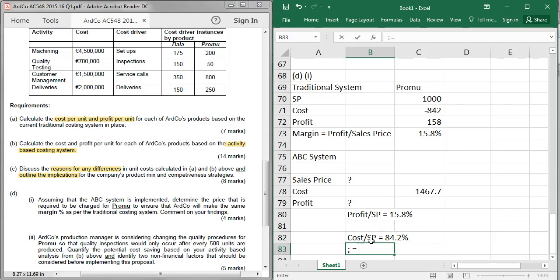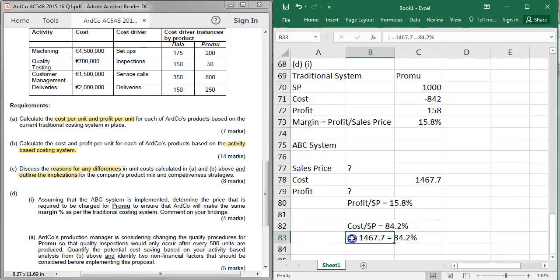So therefore, 1467.7 equals 84.2%. And therefore, you do 1467.7 divided by 0.842 to get what the 100% should be.